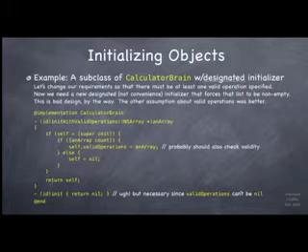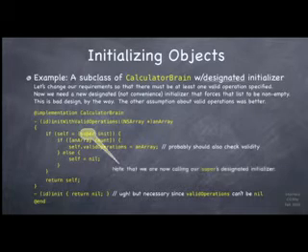So now here's calculator brain with a designated initializer. I've changed my mind and I've decided valid operations is required. You have to have valid operations and it has to have at least one valid operation in it or we are not going to allow you to initialize this class. So now I'm calling self equals super init. Why am I doing that? Because this is my designated initializer.